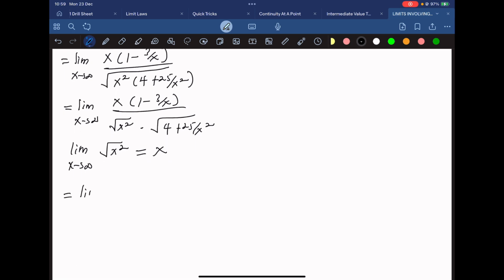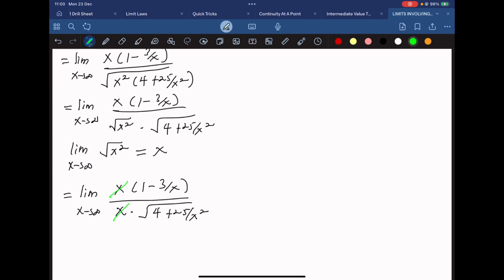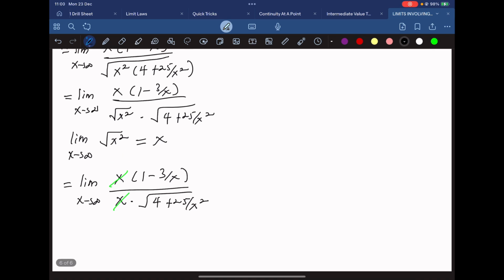So we have the limit as s approaches infinity of x times 1 minus 3 over x, and the denominator is x times the square root of 4 plus 25 over x squared. So now these two terms will cancel out. So we have the limit as s approaches infinity of 1 minus 3 over x, over the square root of 4 plus 25 over s squared.